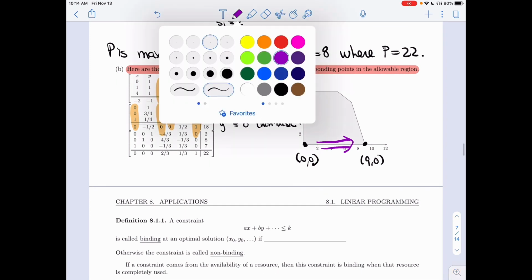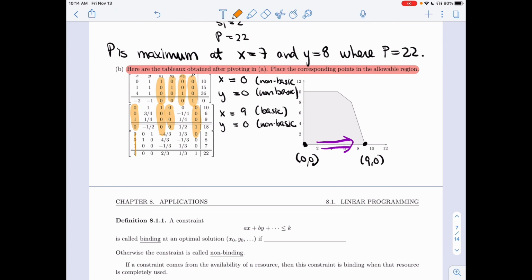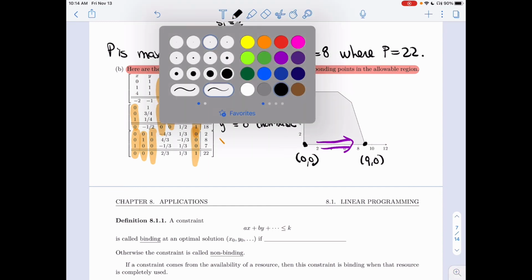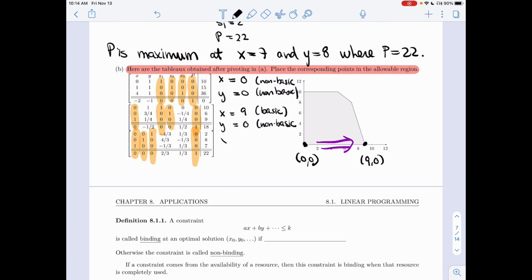Now, when we pivoted a second time, x and y are now basic. So the value of x is given by the third row, it was 7. It's basic. And y is 8. It's basic too.